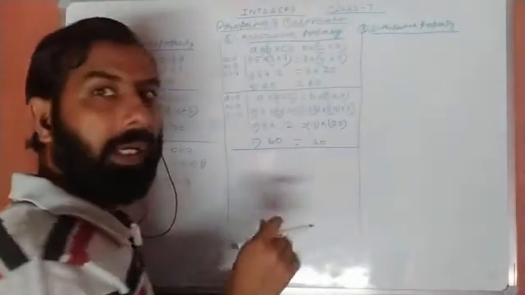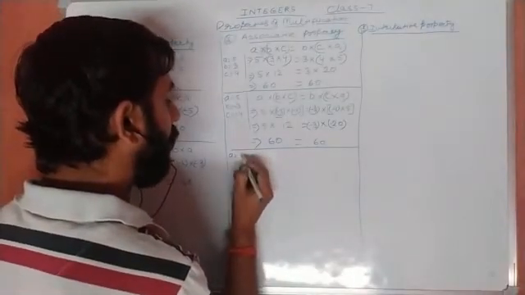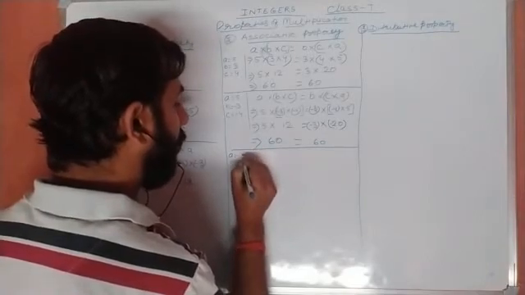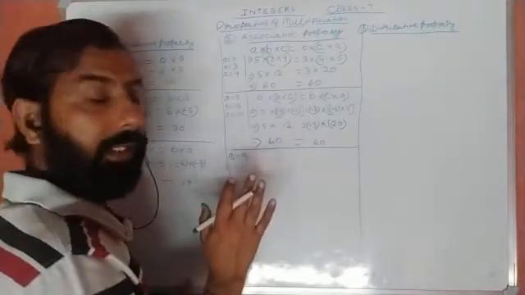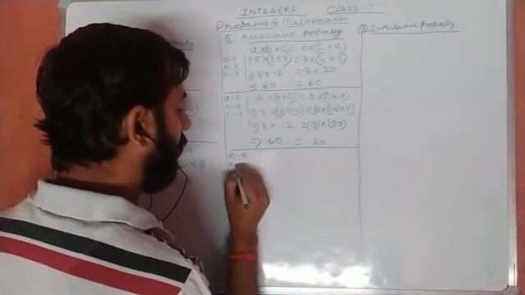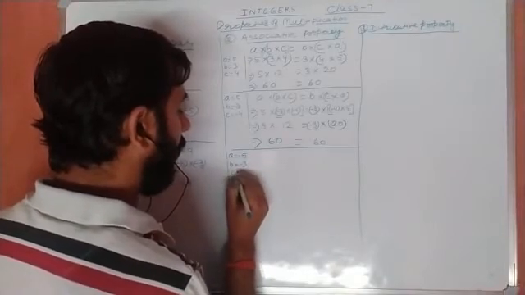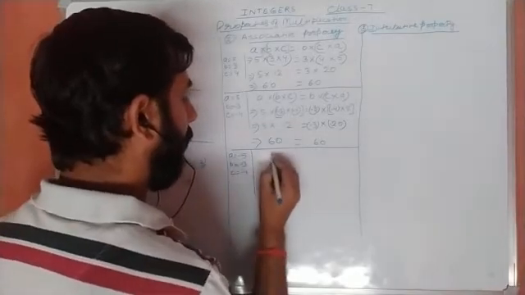Now take all the negative integers. A equals minus 5. Suppose I am taking the same number digit. B is equal to minus 3. C is equal to minus 4. Then what will be the result?